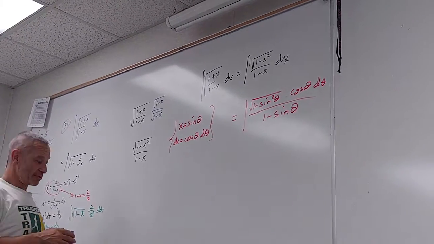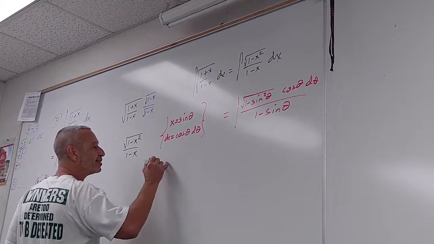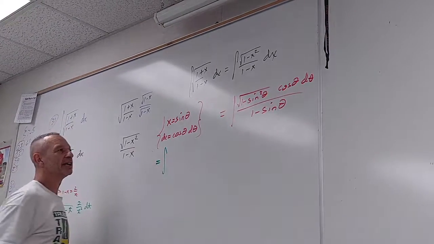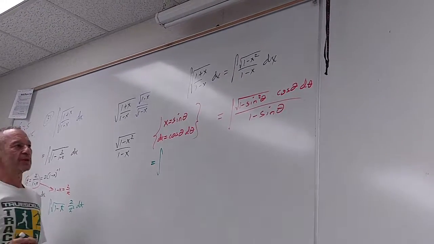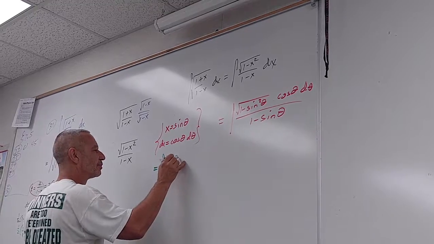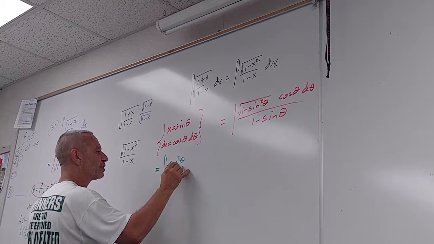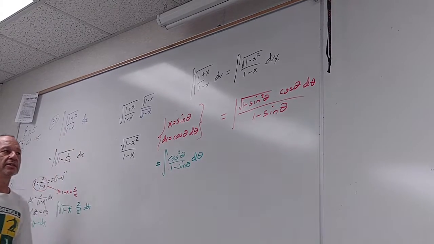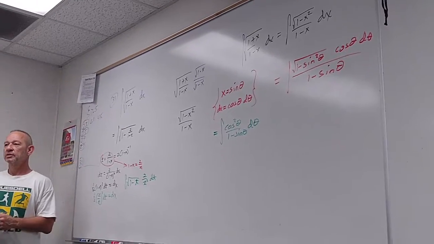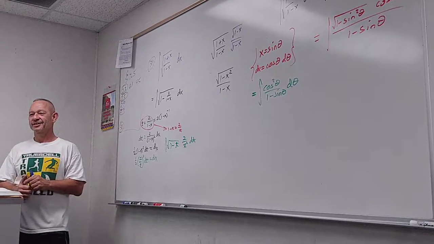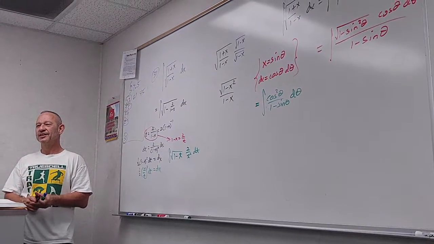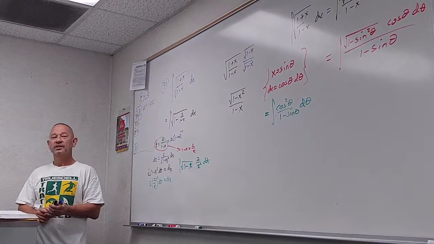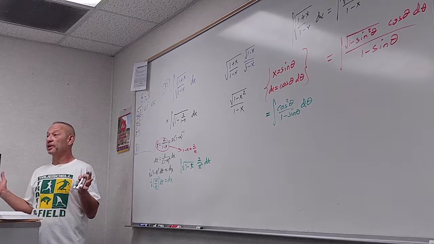This one doesn't actually look very fun either, does it? Now tell me what to write. Cosine squared on top, 1 minus sine theta on bottom. Shoot, that's not going to do us any good, is it? I see it. I'm just waiting to see who else sees it. Actually, we're done now.